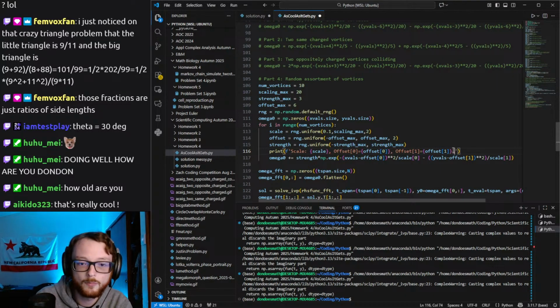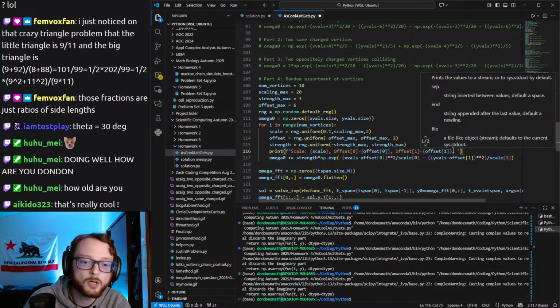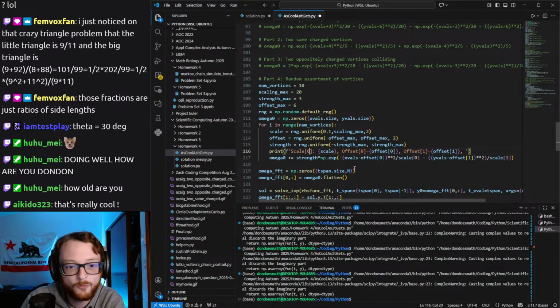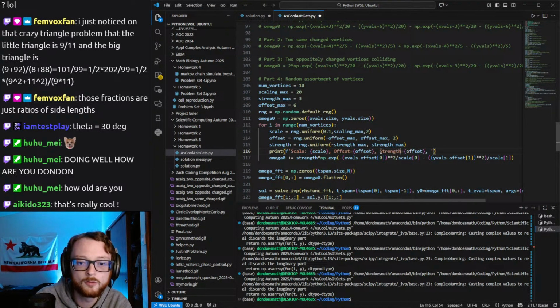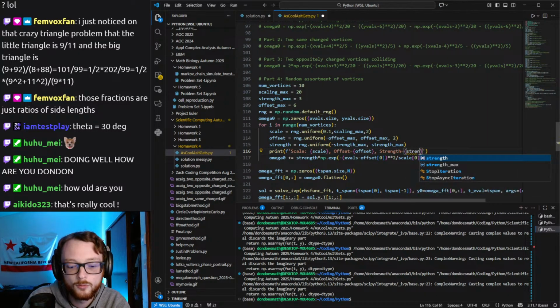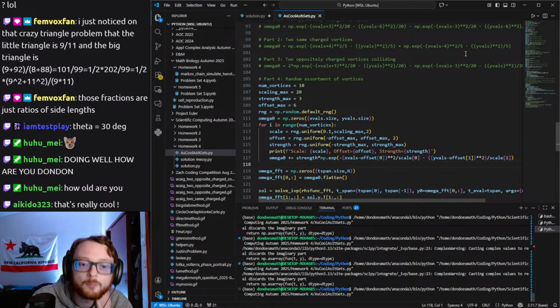Okay. I have 2 different scales, that's what I'm missing. Actually, I don't need to do it one by one, just for the entire array. Strength. Strength. Okay. Bam. Let's see what happens.